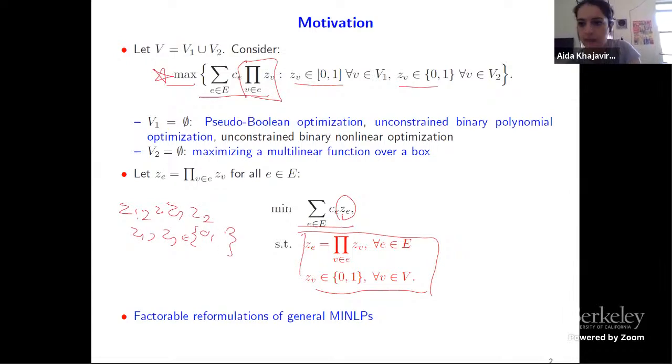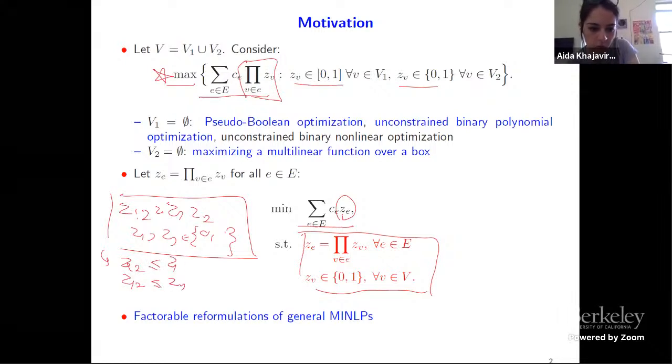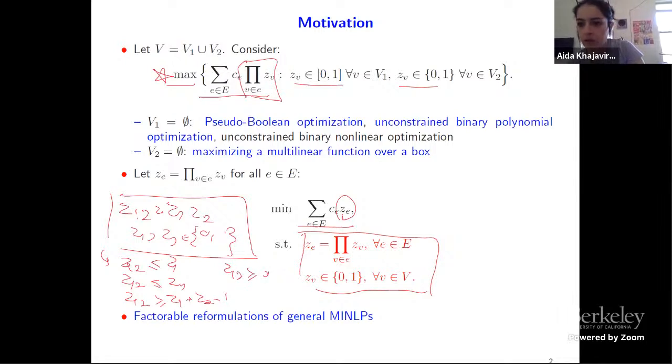If I just look at this as my non-convex set, then we know how to construct the convex hull. Indeed, in this case, the convex hull is given by Z12 less than or equal to Z1, Z12 less than or equal to Z2, Z12 greater than or equal to Z1 plus Z2 minus 1, and Z12 greater than or equal to 0.